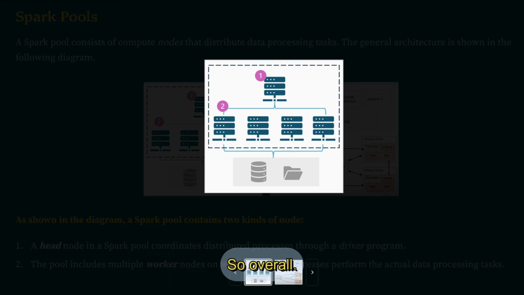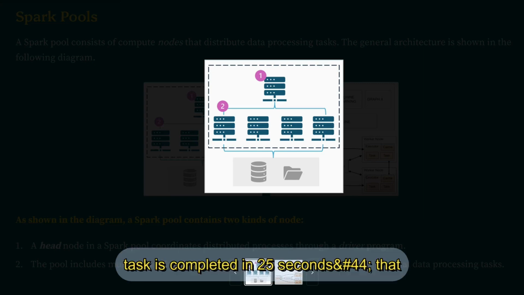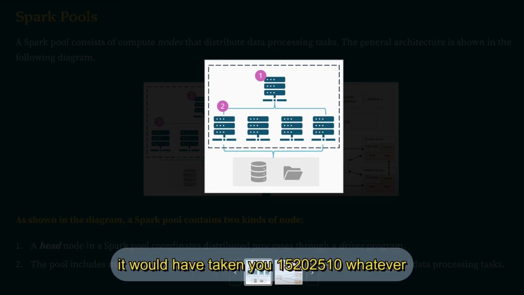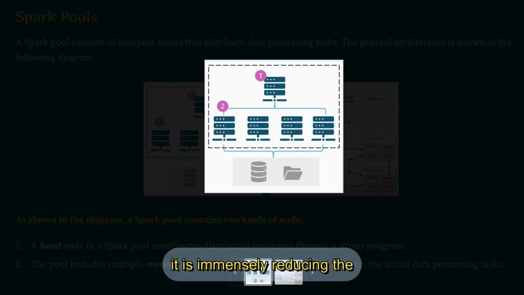So once this is done, you will combine the output, and your task is completed in 25 seconds. That is the maximum. Otherwise, it would have taken you 15 plus 20 plus 25 plus 10, whatever the time was, right? So it is immensely reducing the time to compute the process.